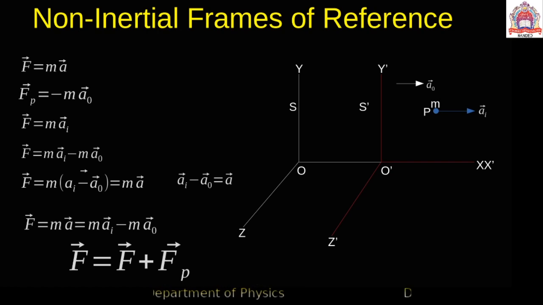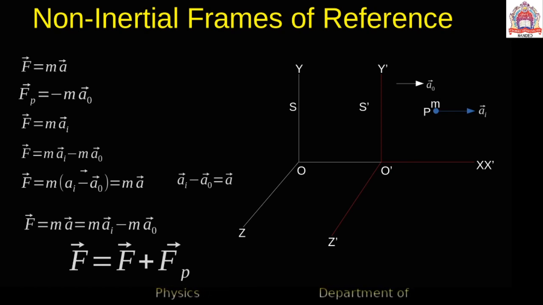Fp is equal to minus mg. The real force on the particle due to the attraction of the earth is F is equal to mg. Then what is the resultant force on the particle as observed by the observer in the lift?